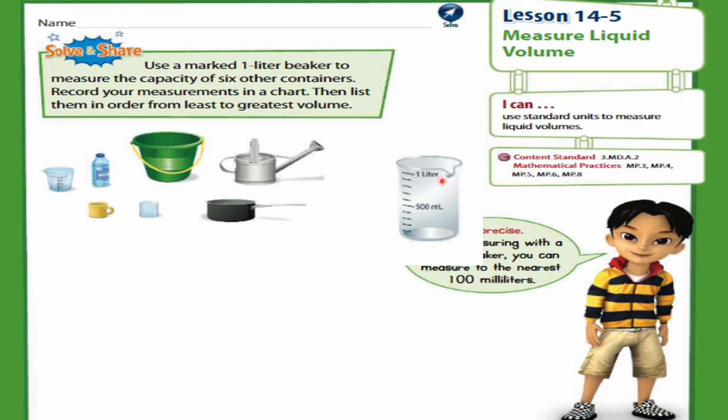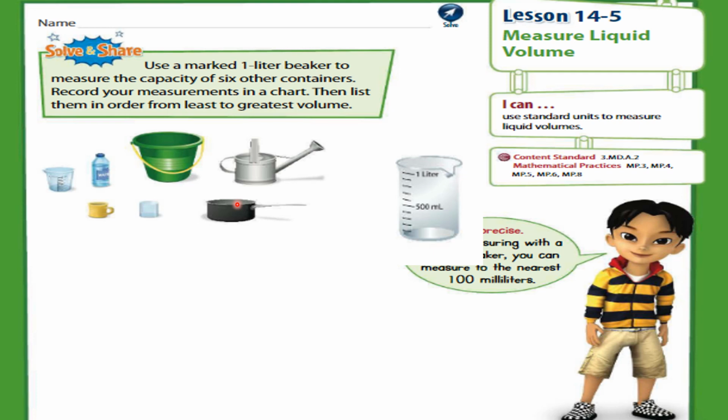Fill that milk pack, water bottle, or 1 liter beaker with water, and pour the water into the container, and then find out how many liters or milliliters that container's capacity is. This is the same as we learned in the video. Then you have to record the measurements from least to greatest in a chart.